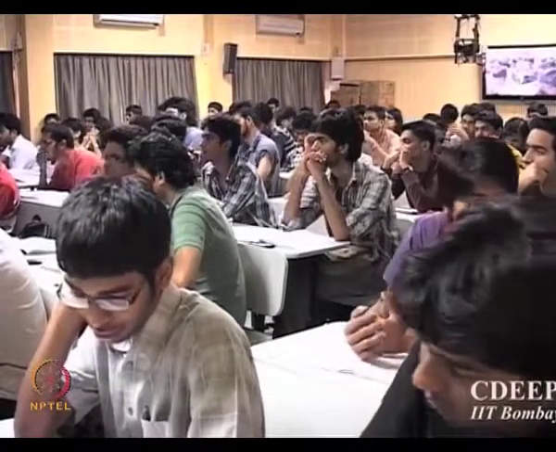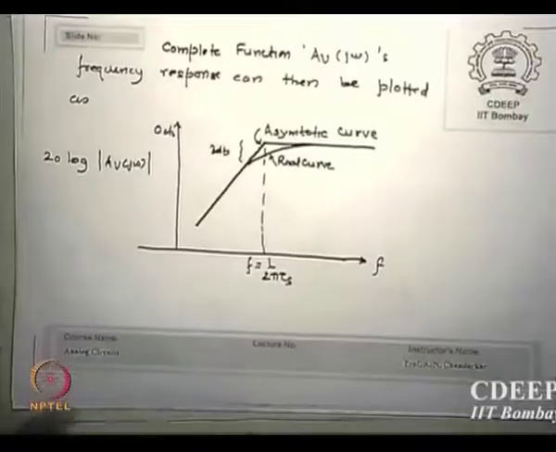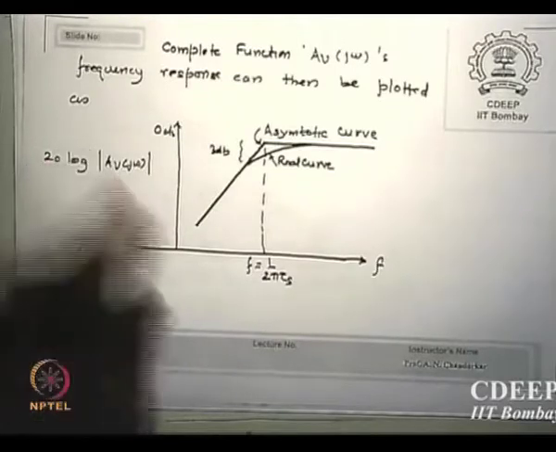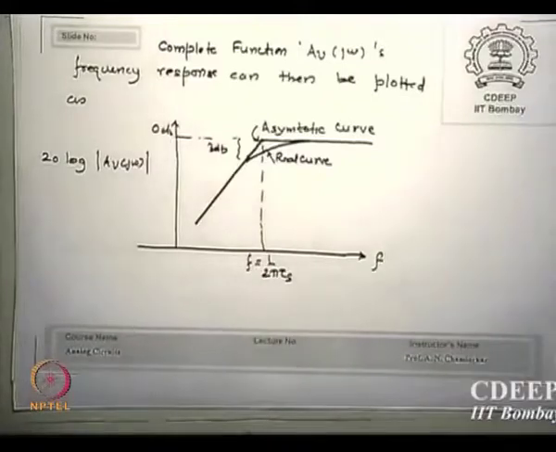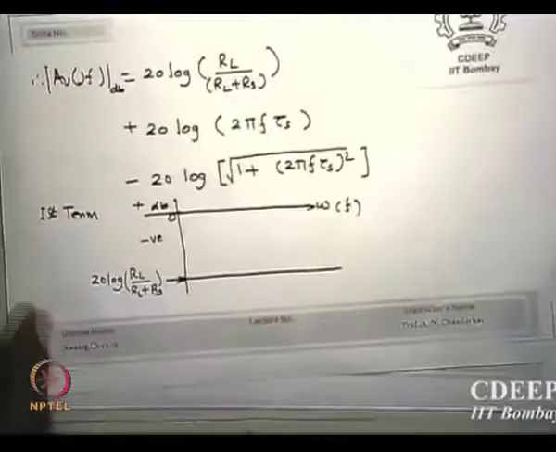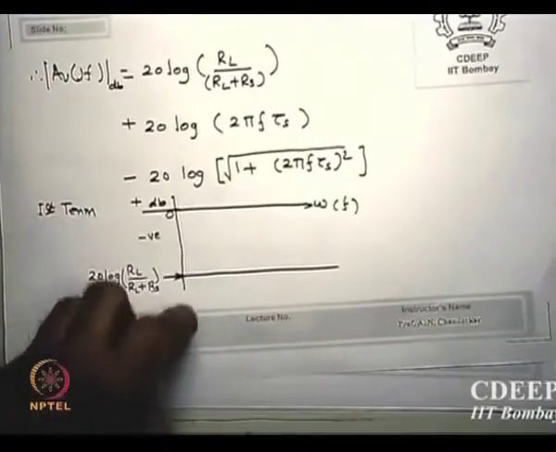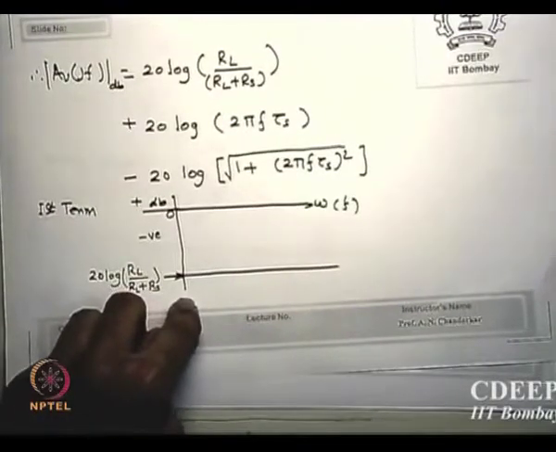But what is important for us? I want the addition of these. If I add all of them together, and this value is 0 dB, please take it, and keep looking at the function once more. Please remember this is less than 0, some value.